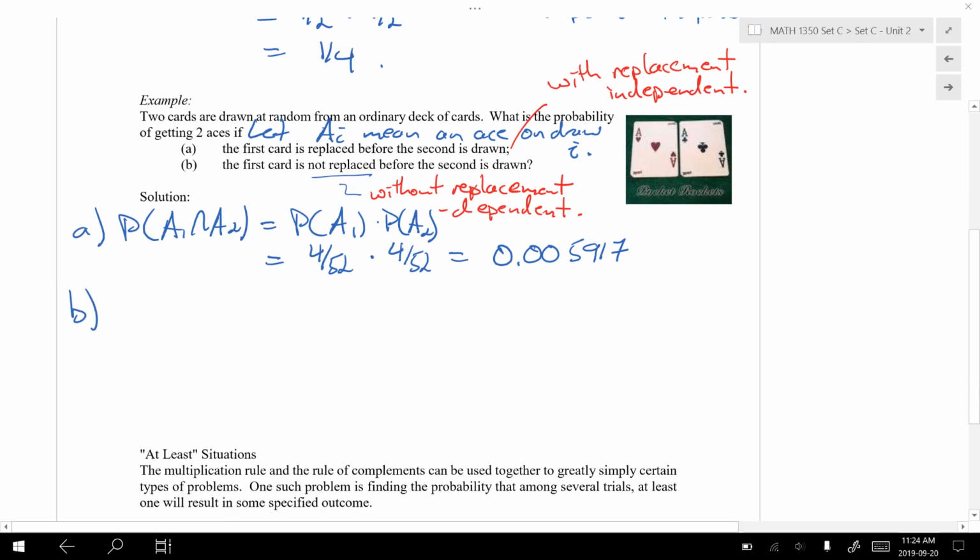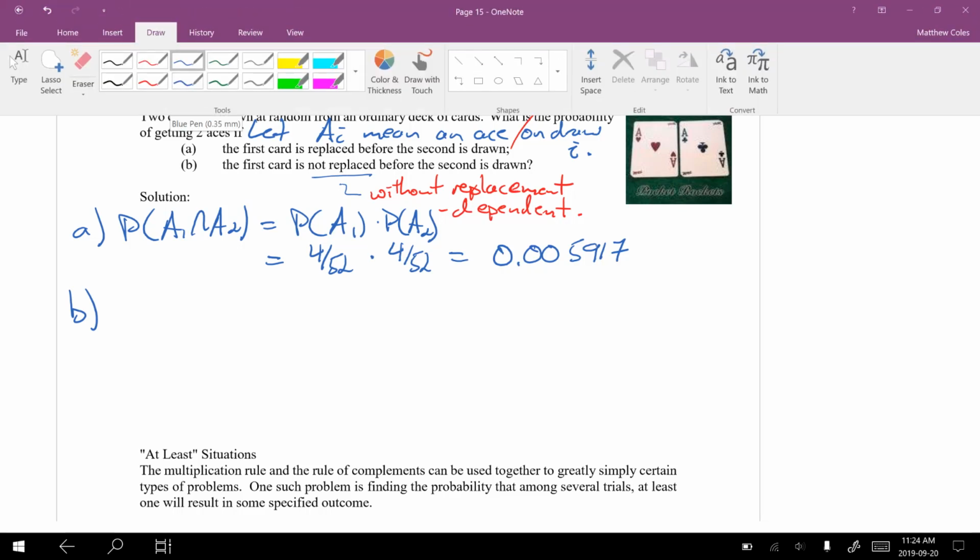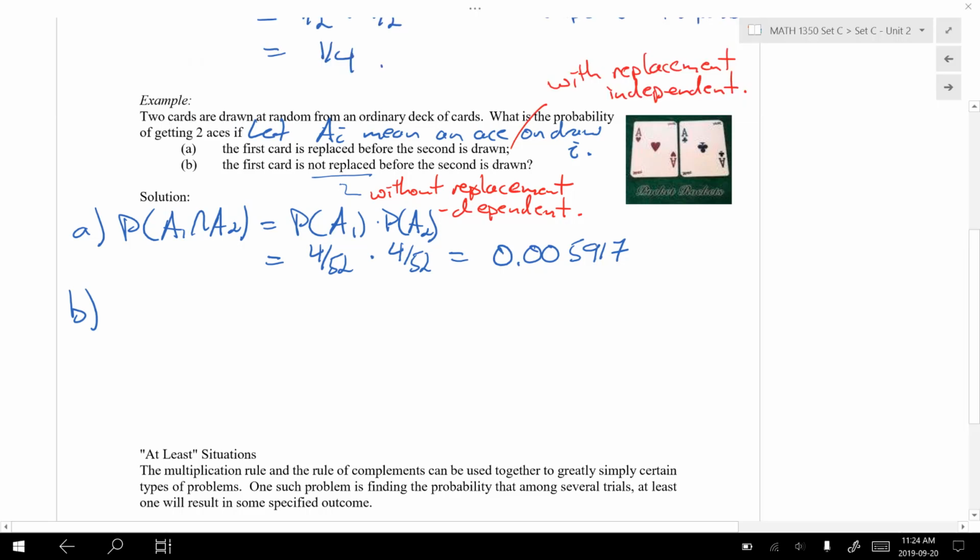Now, if instead we turn our attention to B, we will consider these two to be dependent. It matters what happens on the first, since we are not going to replace the first card that we draw. In the dependent case, if you draw an ace on the first draw, this will impact your chances of drawing an ace on the second draw.